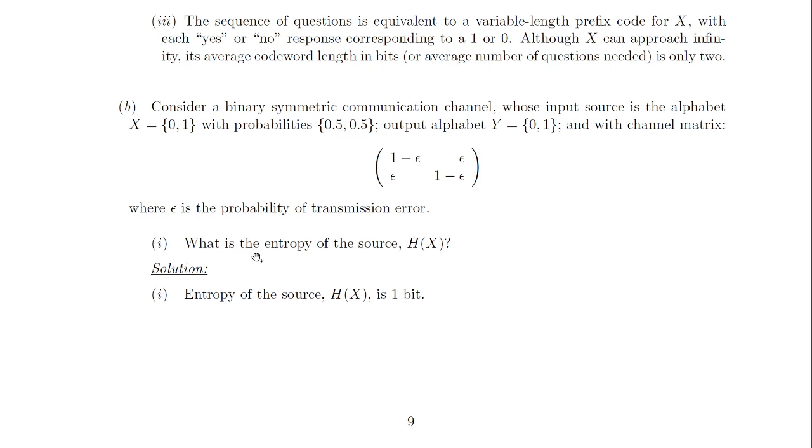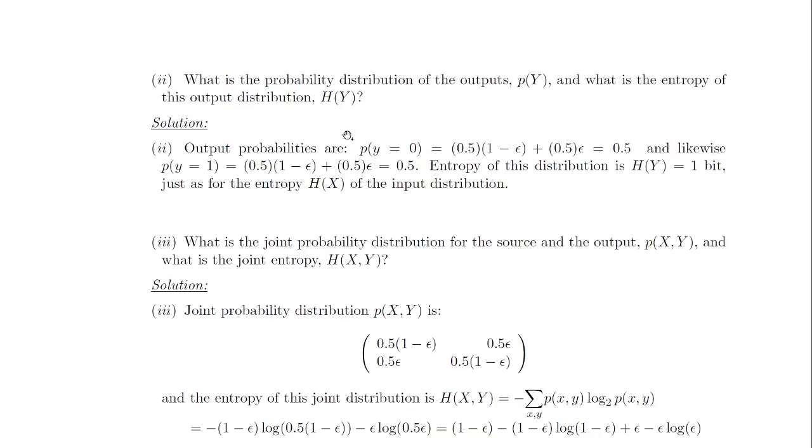So first, what's the entropy of the source? That's, of course, 1 bit because they are equiprobable. And what's the probability distribution of the outputs, and the entropy of the output distribution? Independently of epsilon, it turns out that the output distribution also has an entropy of 1 bit, because regardless of the value of epsilon, the two outputs will appear with equal probabilities, namely 1/2 each.